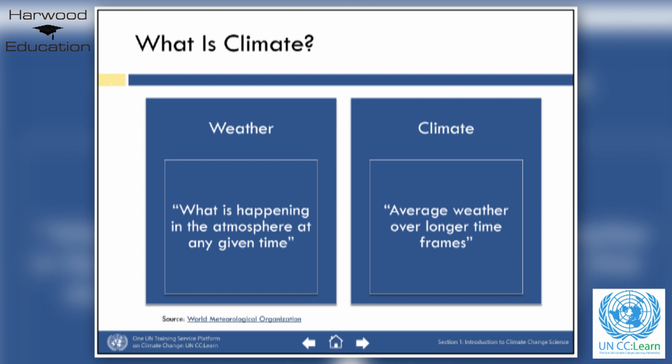Further information. The IPCC defines climate as follows. Climate, in a narrow sense, is usually defined as the average weather, or more rigorously, as the statistical description in terms of the mean and variability of relevant quantities over a period of time ranging from months to thousands or millions of years.